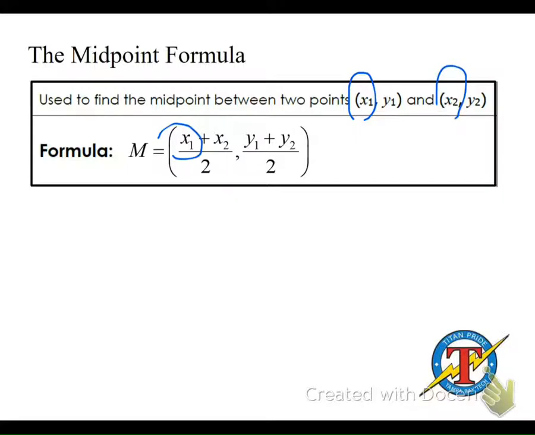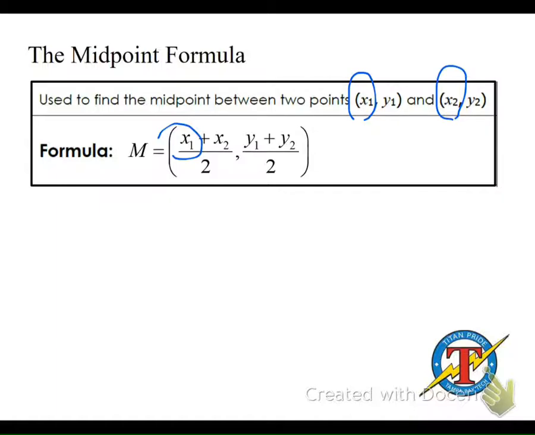X sub 2 is your second point, the x's and the y's. It's really not that necessary to memorize it as a formula. Just find the point in the middle of the x's and y's separately. Okay? So let's apply this very easy formula to a couple of problems.